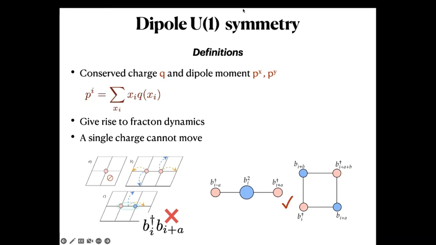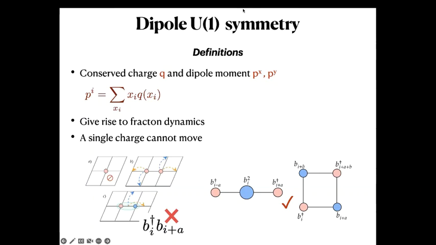On lattice models, the precise definition of a dipole moment is the sum of the charge density at each location times its position operator. If we have a system where both the charge and the dipole moment are conserved, we can imagine that the elementary charge carrier would exhibit fracton dynamics, because a single charge carrier cannot move alone.